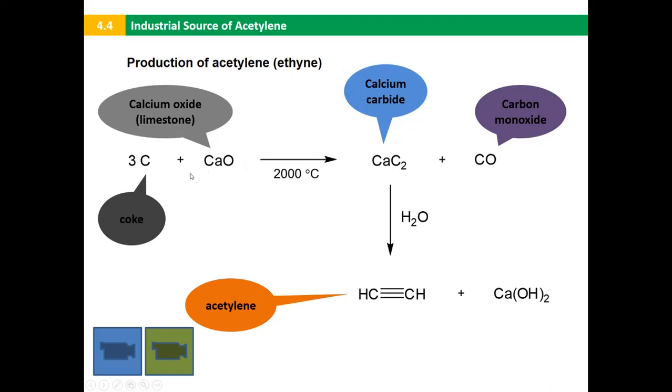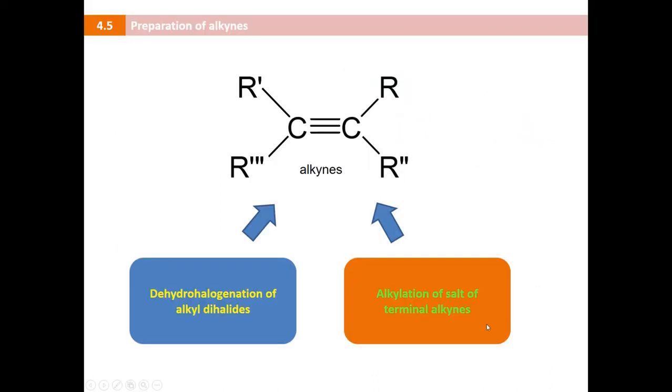So this limestone reacts with carbon at a very high temperature, which is 2000 degrees C, and it will produce calcium carbide in the presence of carbon monoxide gas. After that, this calcium carbide will react with water to produce acetylene. So acetylene in this reaction will be the starting material for all other organic chemistry synthesis of alkyne.